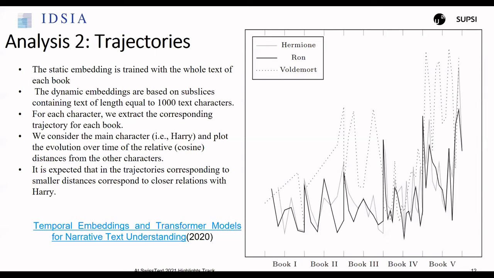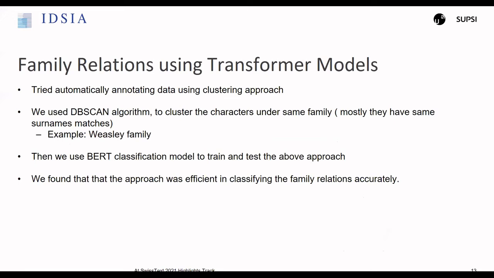These types of studies were done in order to analyze the evolution of the characters' relationships across the timestamps. And as I described, we also implemented a small module for identifying family relationships. In this, we try to automatically annotate some data using a simple clustering approach. We use the DBSCAN algorithm to cluster the characters under the same family.